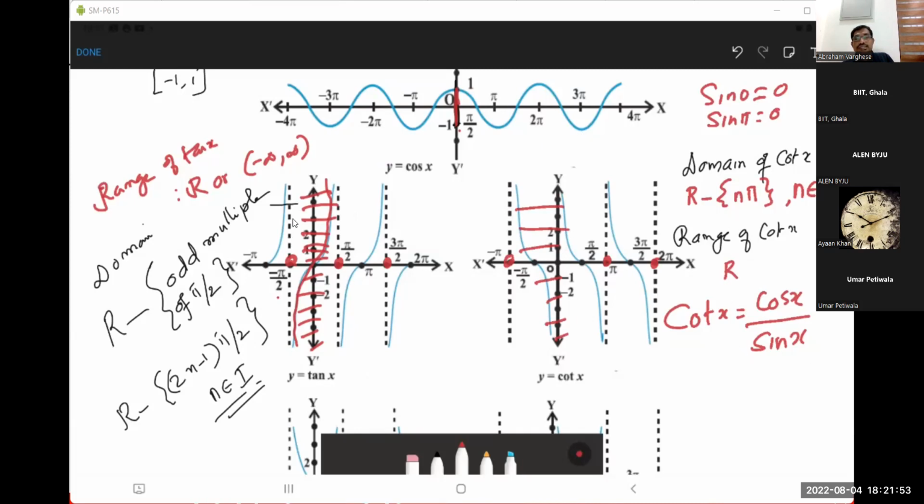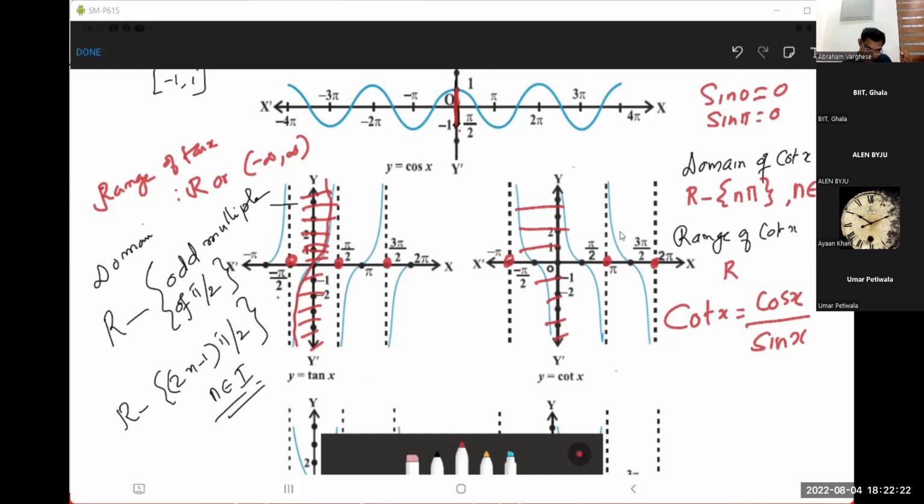So, the domain and range of tan x, and the domain and range of cot x. Again, don't memorize by heart, try to understand why it is not defined. Why is the domain of tan x all real numbers minus odd multiples of pi by 2?